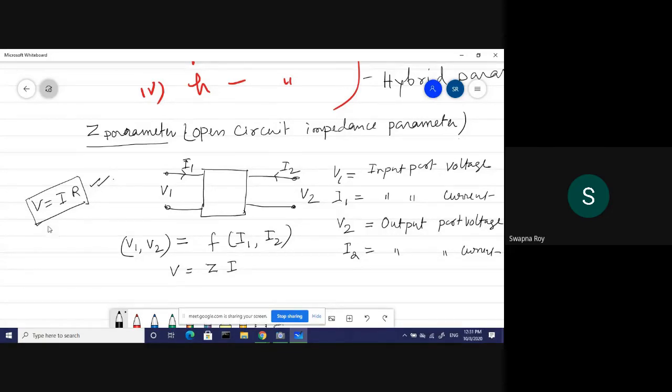But in AC, we have to write V is equal to IZ. So that's why I have written Zi. As I told you, the input and output voltages V1 and V2 can be expressed in terms of input and output current I1 and I2.